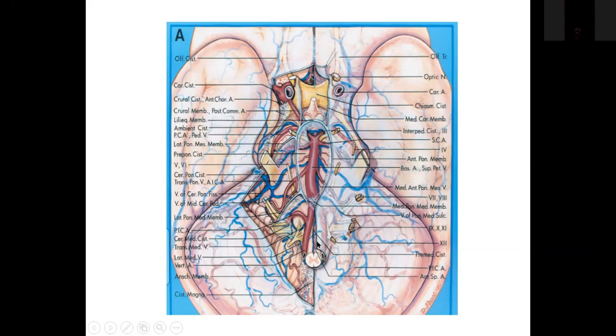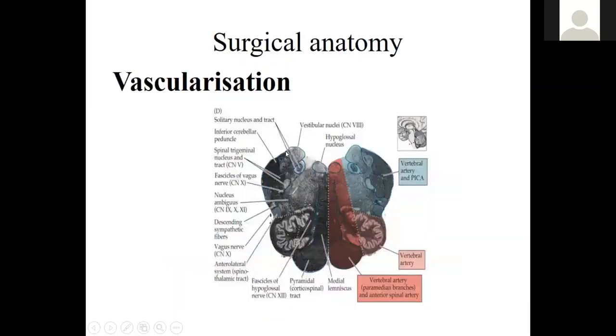You have the premedullary cistern right here, cisterna magna, premedullary cistern. We have the interpeduncular cistern here, and the lateral pontomesencephalic membrane separating the mesencephalic cisterns from the pontine cisterns.